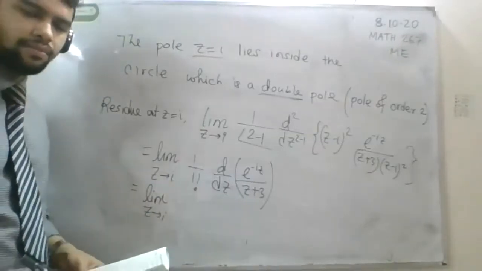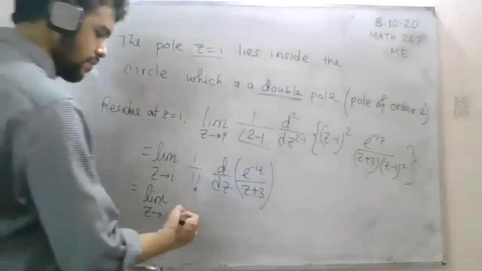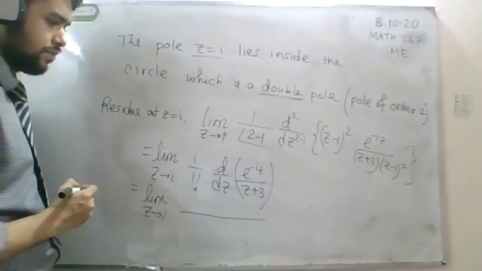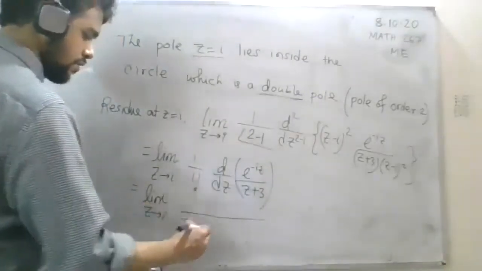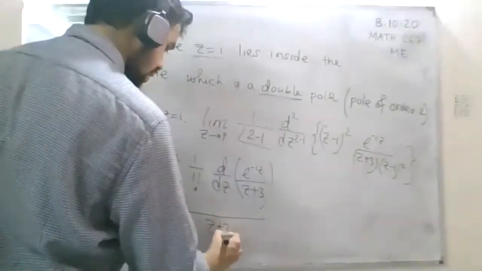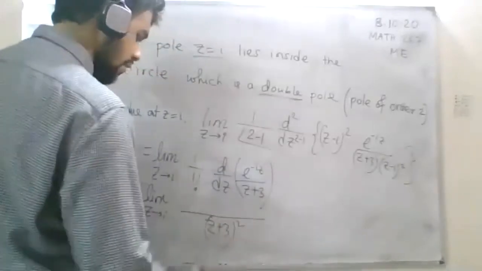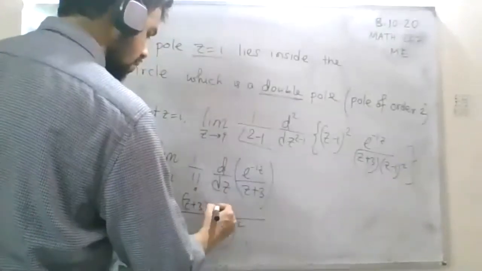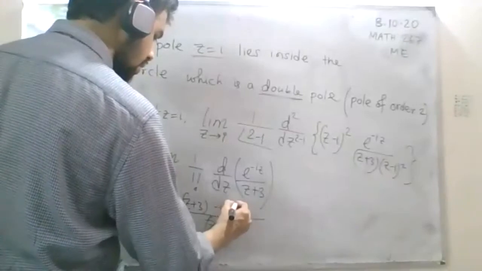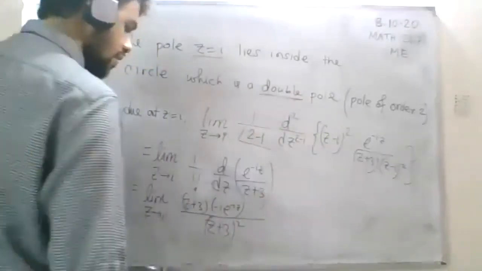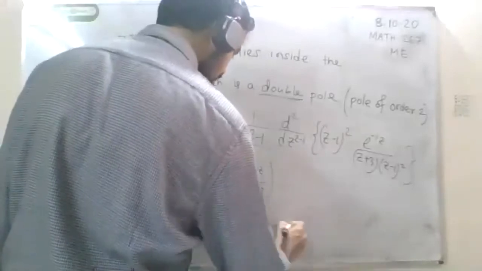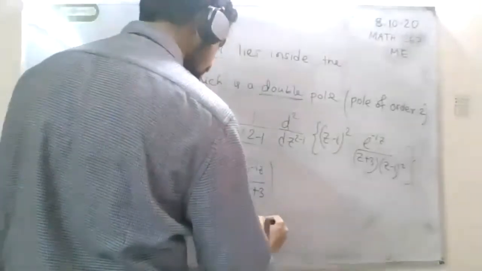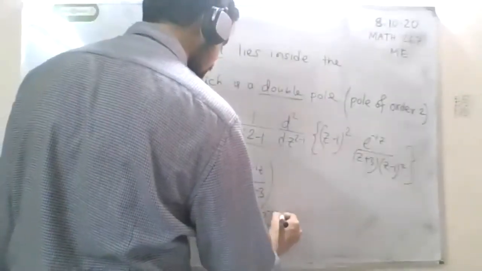You have to use u by v. Yes, tell me. Sir, v d/dx of u minus u d/dx of v divided by v square. So this is z plus 3 whole square, and then z plus 3 into minus i e to the power minus iz, and also minus e to the power minus iz into 1.